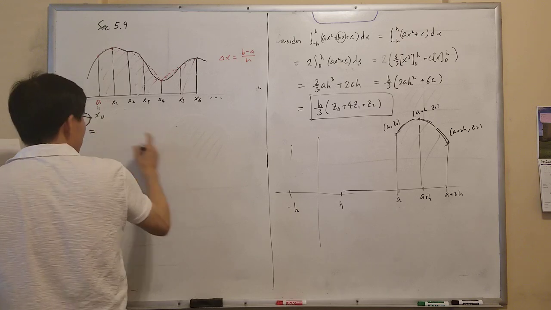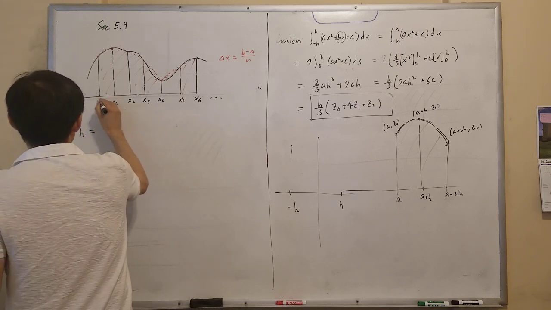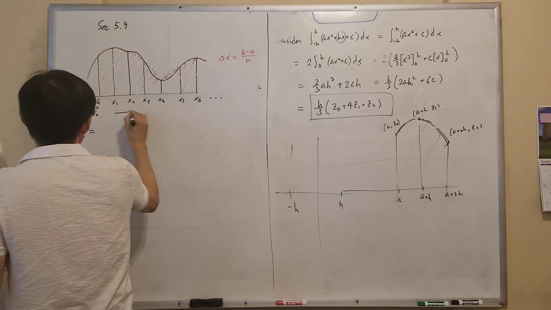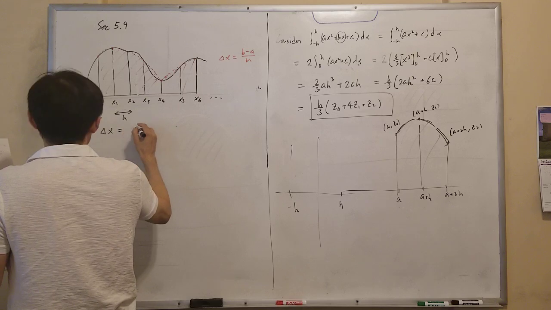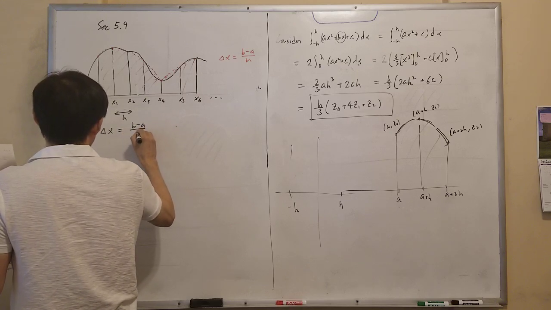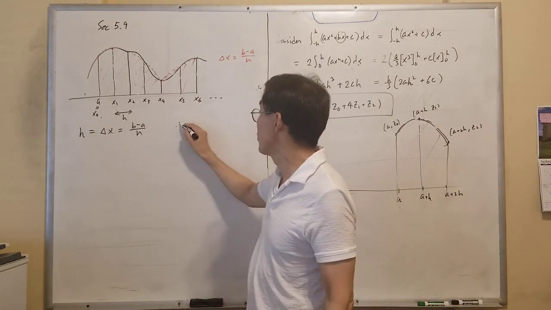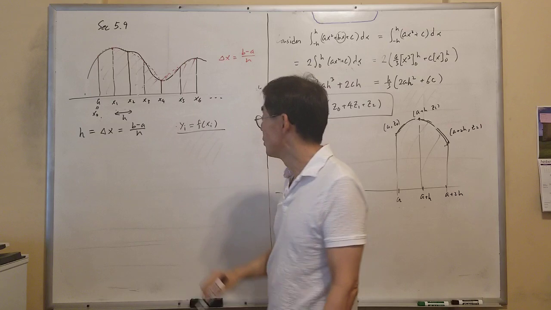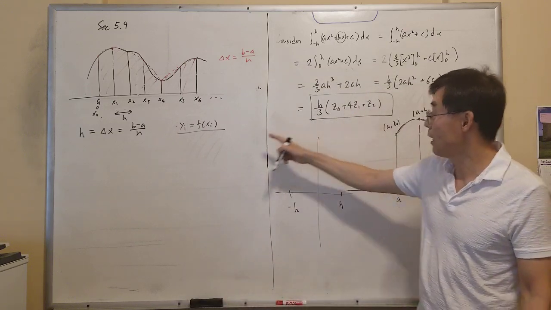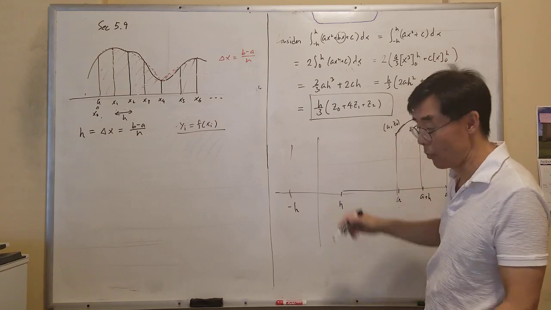And here, this is h. h equals delta x, which is (b minus a) over n. And I'm going to call yi the function value, so instead of zi, I have yi. I could have used yi from the start.